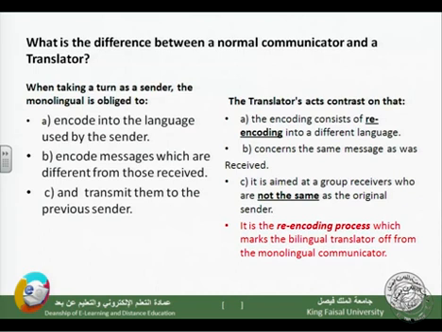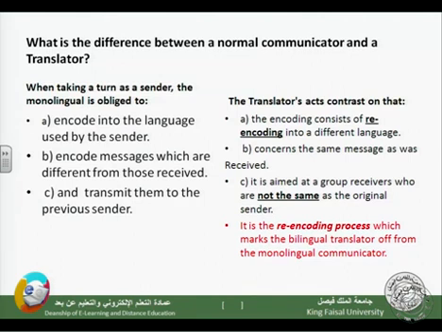Now, as you can see, the only differences between a normal communicator and a translator are as follows. A monolingual encodes into the language used by the sender. It means somebody is talking to you, you need to use the same language the sender is using.